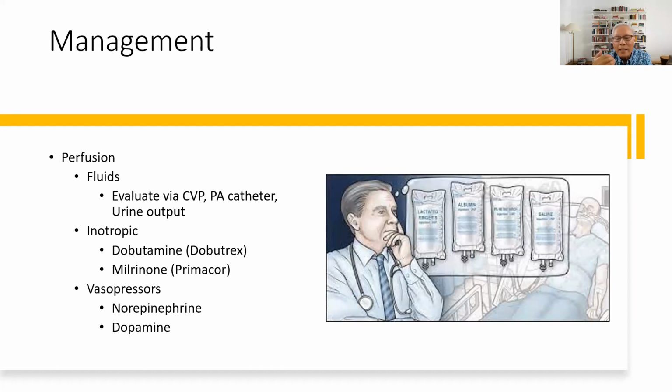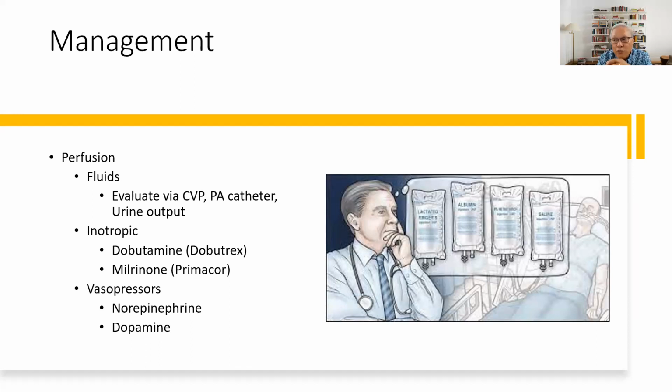So what can we do in order to monitor the effectiveness of our therapeutic interventions with fluids? We could monitor the CVP, or we could insert a PA or pulmonary artery catheter in order to monitor the hemodynamic responses of the heart.